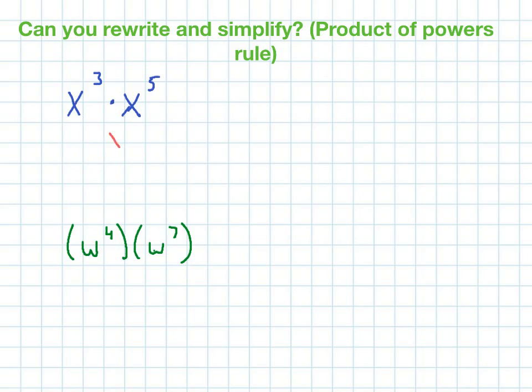So I've got 1, 2, 3 out of the first set, 1, 2, 3, 4, 5 out of the second set. So how many total do we have? We have a total of 8. So the answer to our question is x to the third times x to the fifth equals x to the eighth.